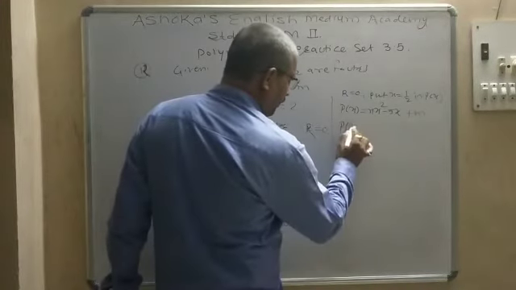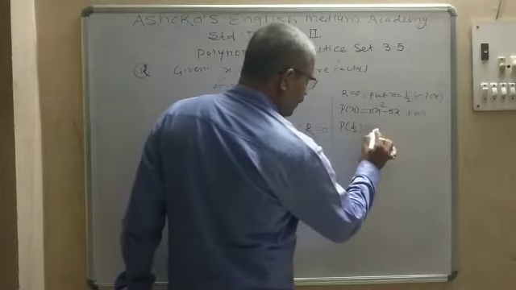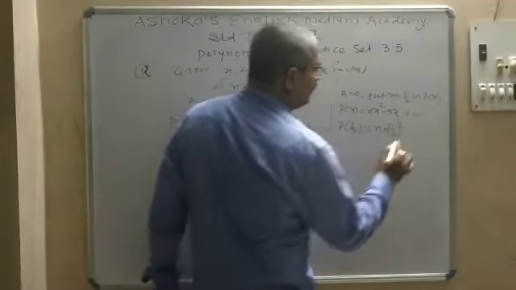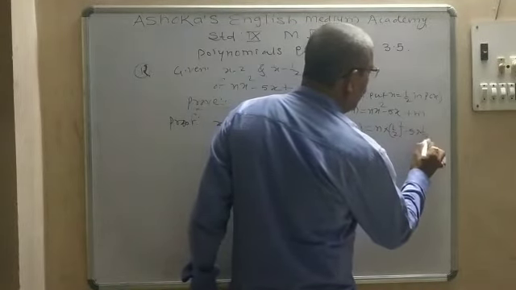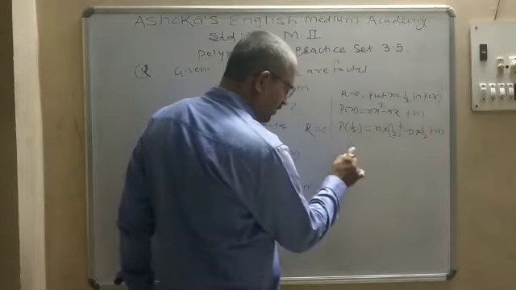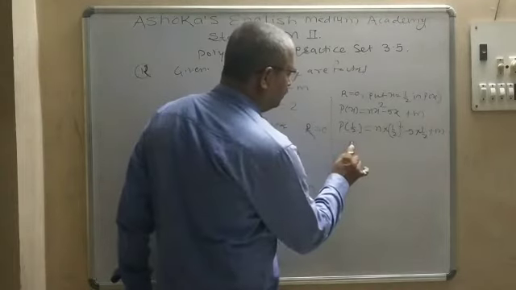Then p(half) is equal to n into half, bracket squared, minus 5 into half plus m. Then this p(half) is 0, remainder is equal to 0.